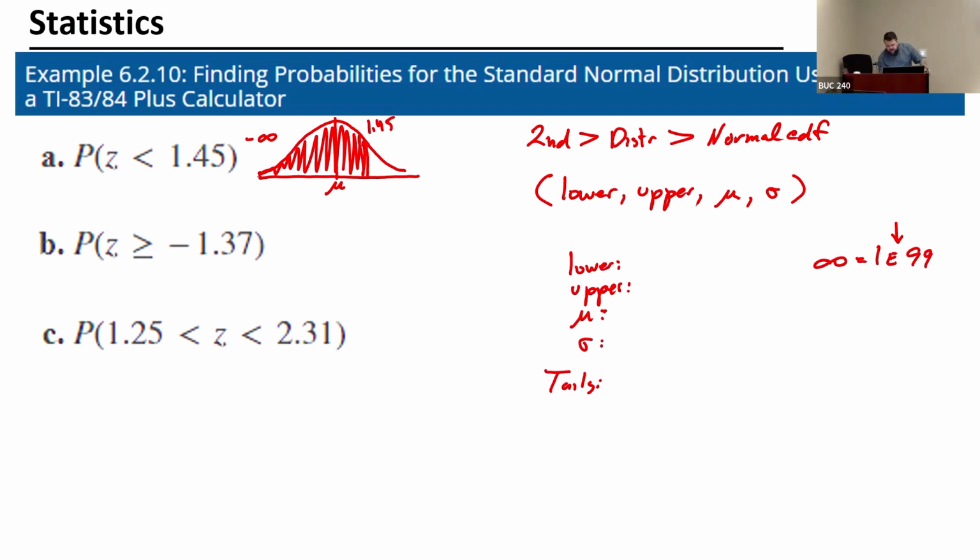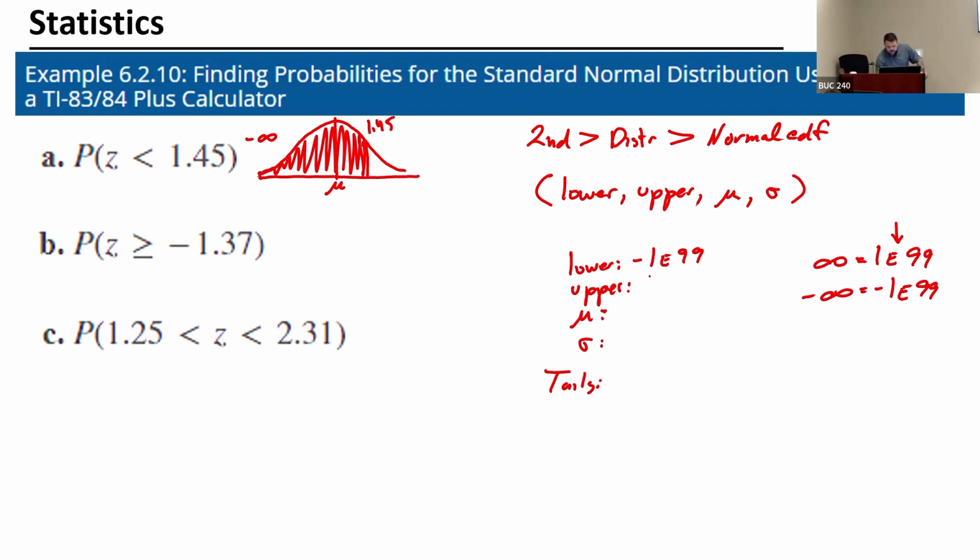Well, if you want to do negative infinity, it's the same thing, you just hit negative 1 E to the 99. So notice on this one, what are we going to do? Negative 1 E to the 99 is going to be my lower bound. Some calculators work if you put in a really large number, but it has to be really large. So what would be my upper bound for this one?